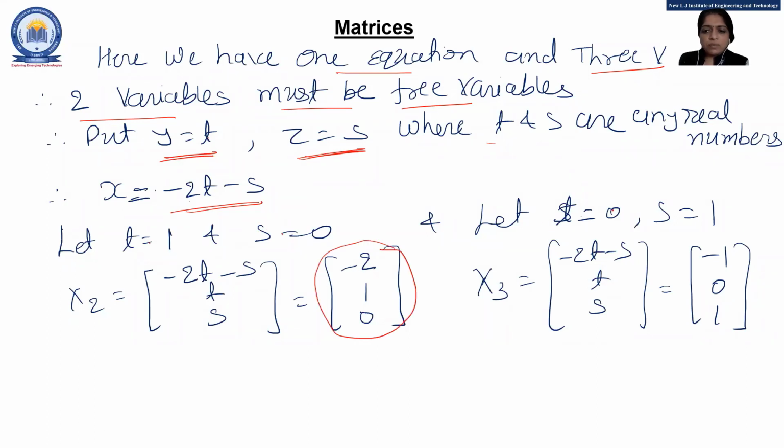And if I take t equal to 0 and s equal to 1, this is my third eigenvector. You can take any value of t and s, no need to take the particular 1 and 0, because it is a free variable. So got it, students? Any doubt about the eigenvalue and eigenvector?